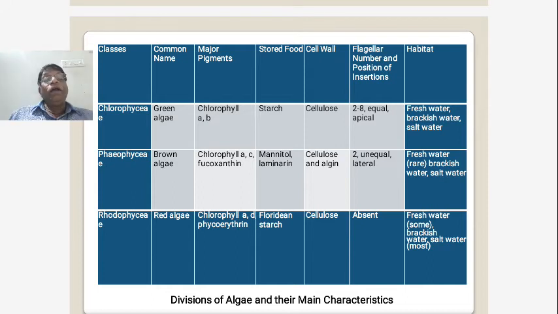Okay, practice this table. Okay, that's all about the algae. Next, we shall pass on to the next group of plants, Bryophytes.